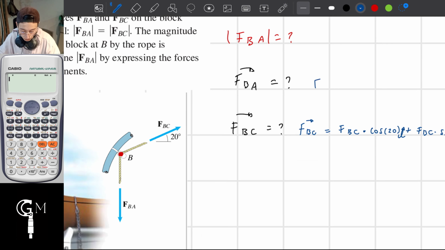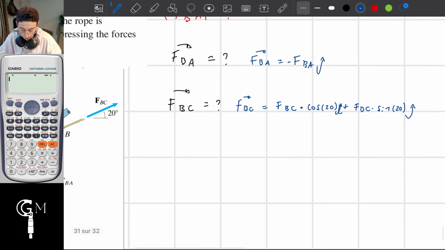And as I mentioned before, it's the only component. So FBA equals FBA negative along the j-axis. And that's it.